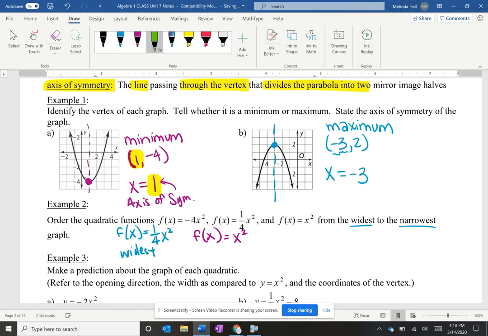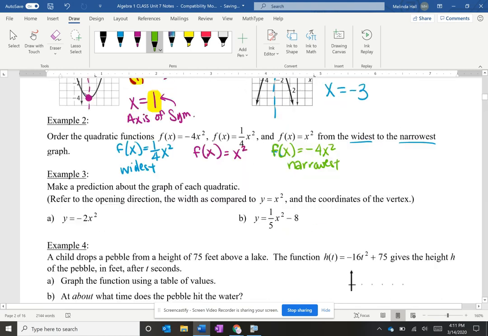And then our narrowest one would be f of x equals -4x squared. And that would be narrowest. There we go. Okay, and again, you're just looking at the number in front of the x squared.